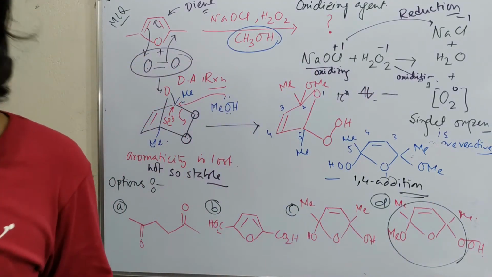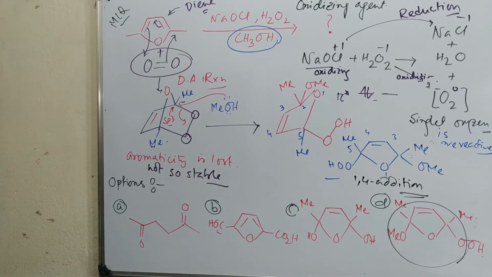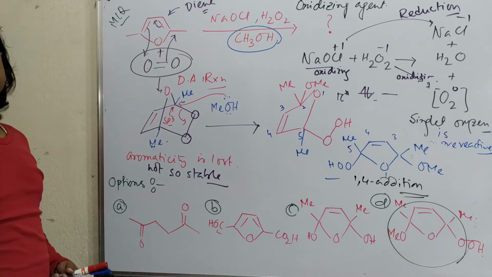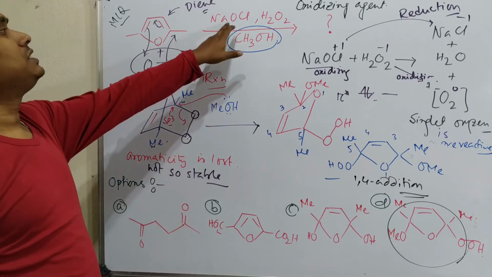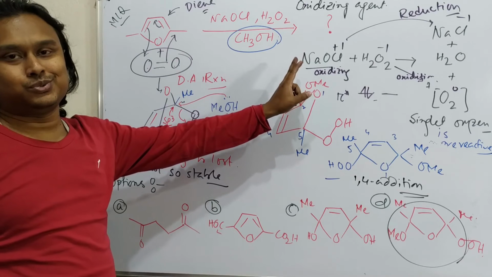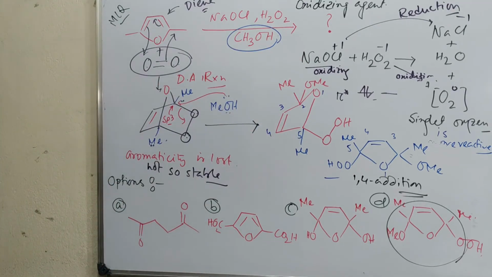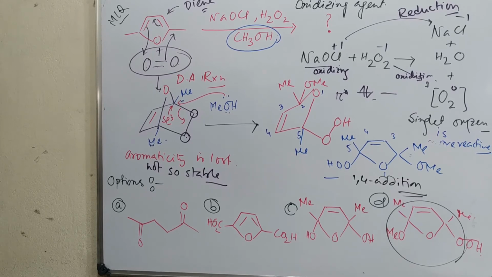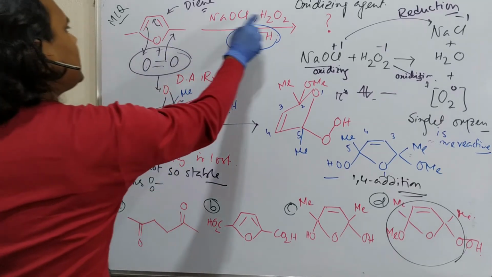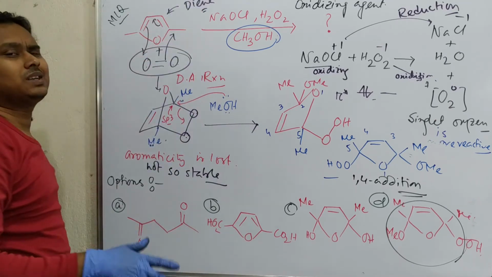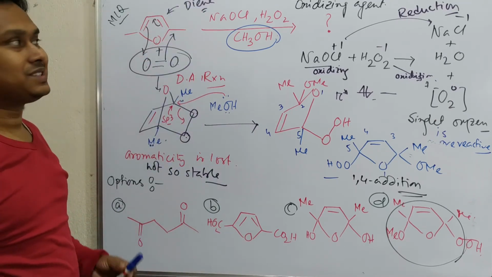Now the question is, if such a question appears in your exam, within less than 30 seconds, how can you solve it? First of all, you need to know this reaction, otherwise you will not be able to. You will see an oxidizing reagent, so you may be confused: okay, oxidizing agent, so what can happen? It will oxidize either these or destroy the ring, and ultimately you get confused.